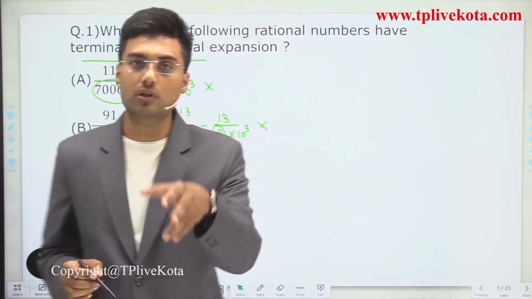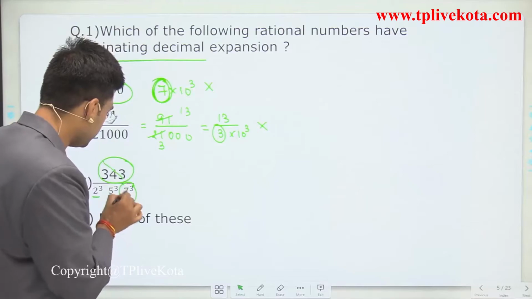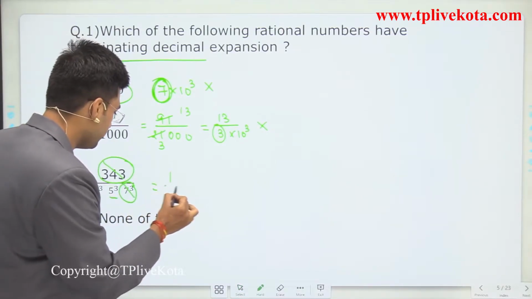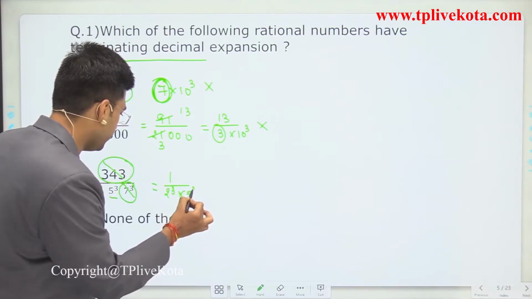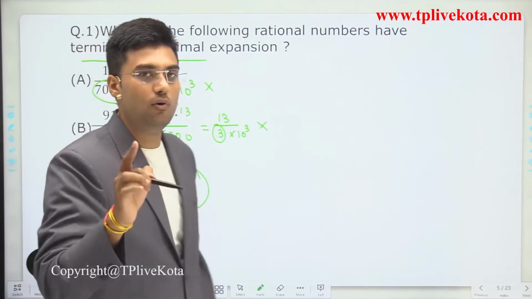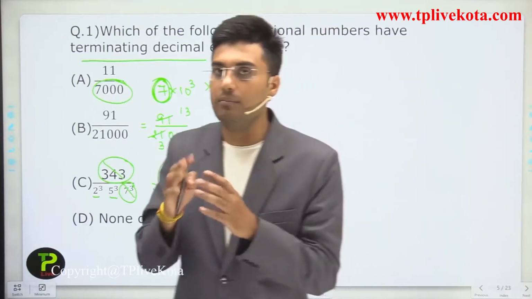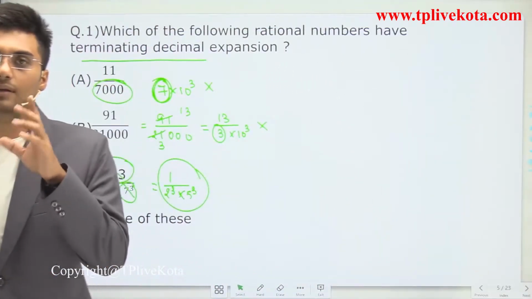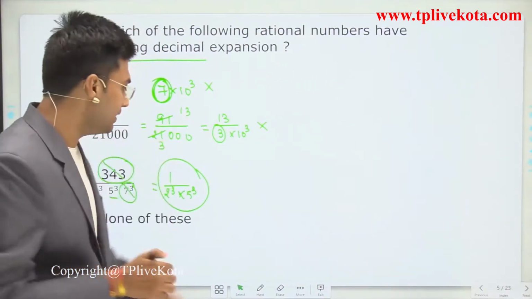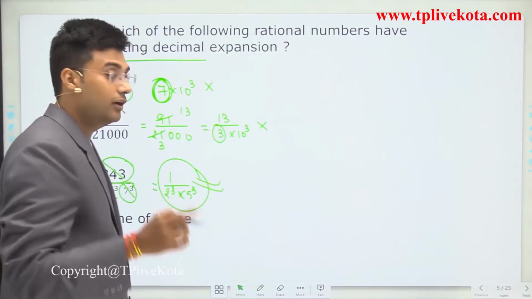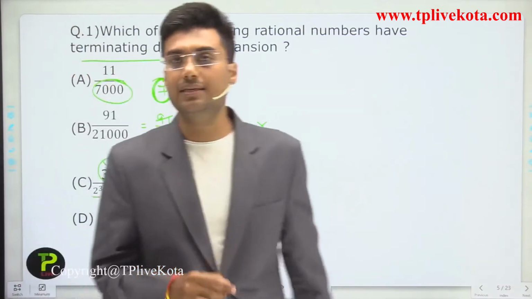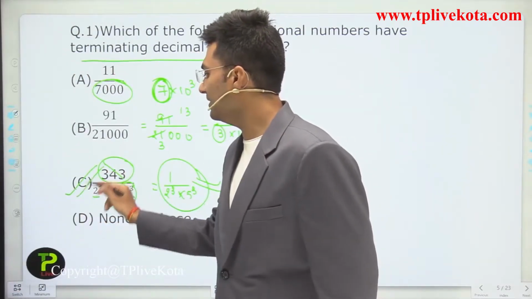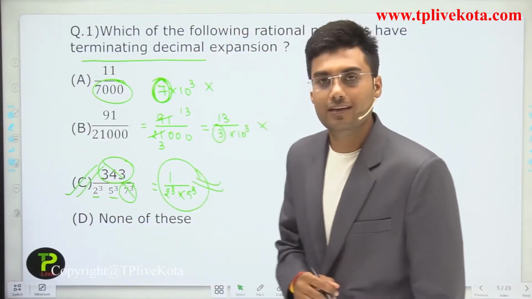So when we solve, this term and this term cancel out, and the fraction becomes 1 upon 2 power 3 multiplied by 5 power 3, which is in the form of 2 power m multiplied by 5 power n. So we can say that this fraction has a terminating decimal expansion. So our answer is option C. This is the correct option. Clear?